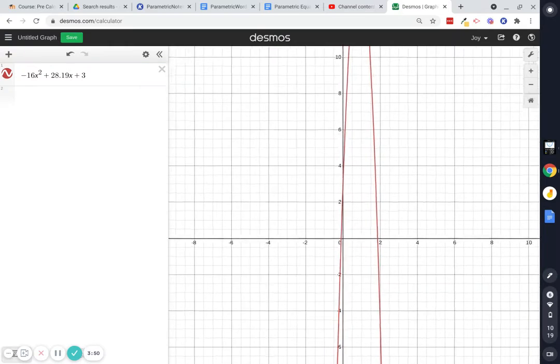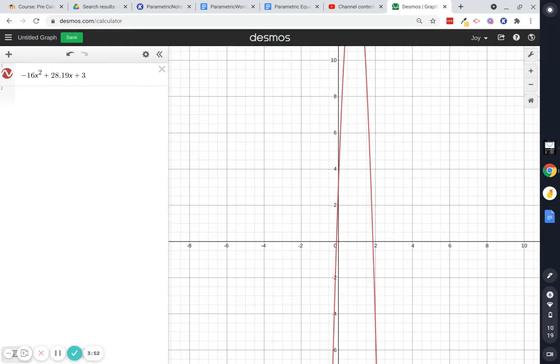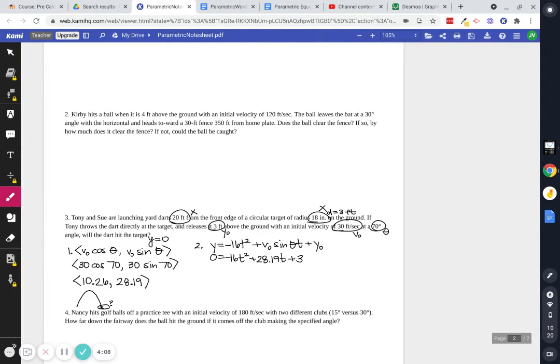So here's the path, there's our graph of what's happening in terms of y. And so now my time is 1.86. In other words, to go up and back down, it takes 1.86 seconds.